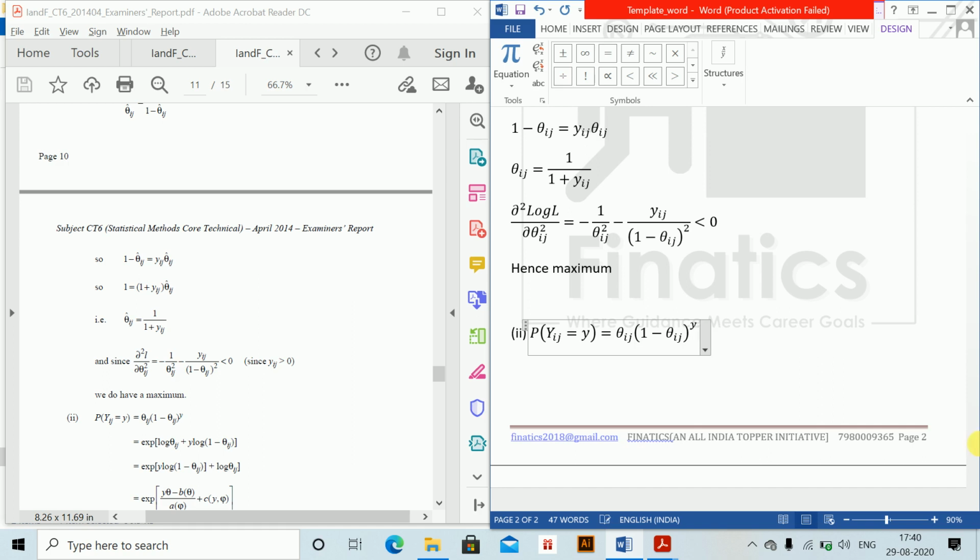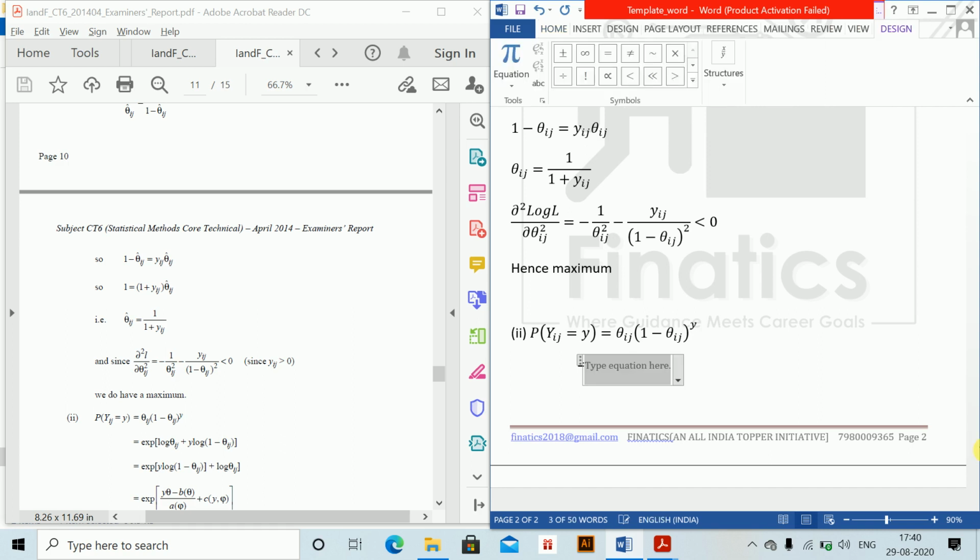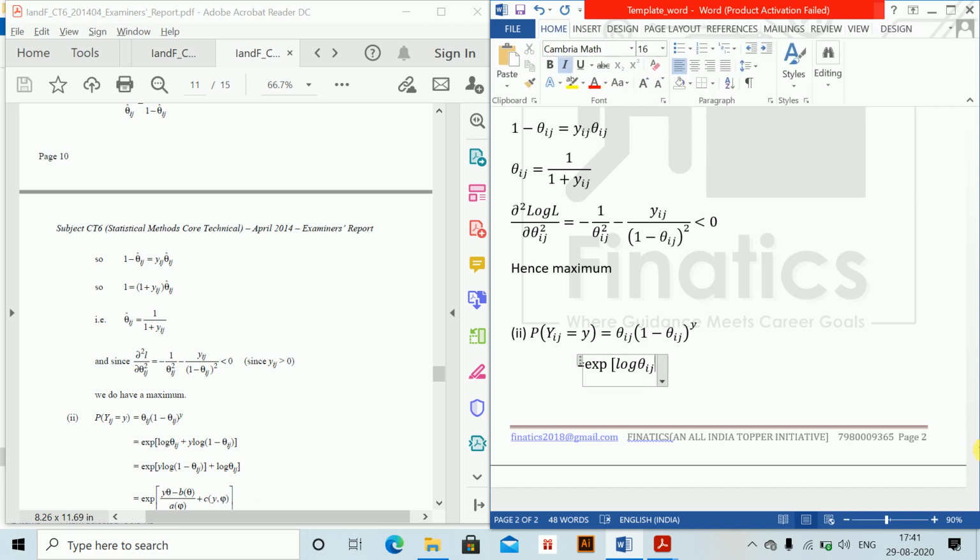So now solving for this, we have exp of log of \theta_ij plus y log of 1 minus \theta_ij.